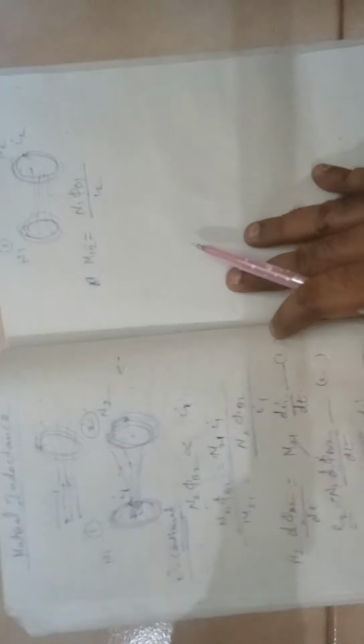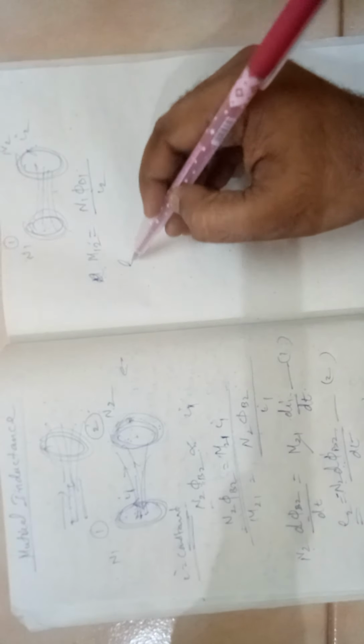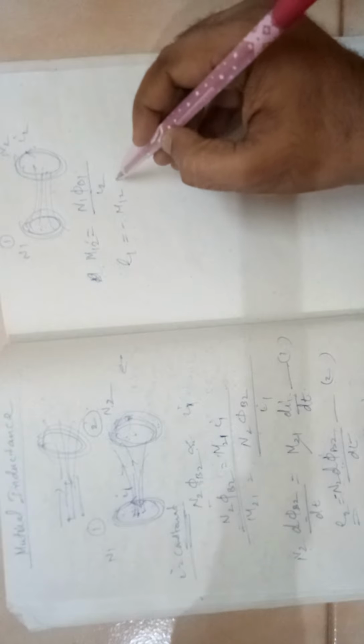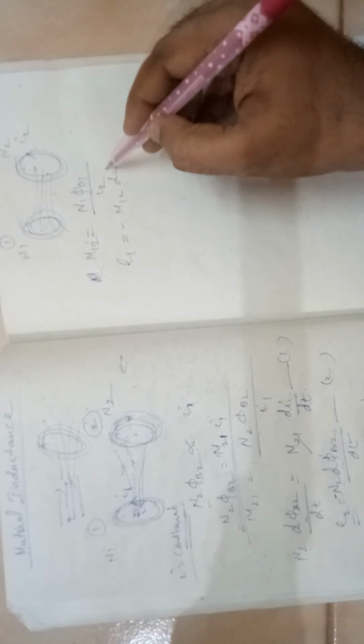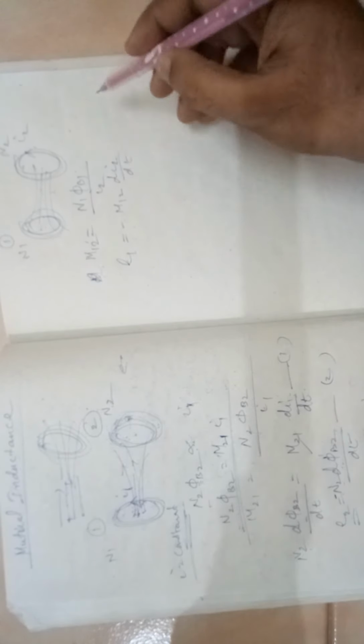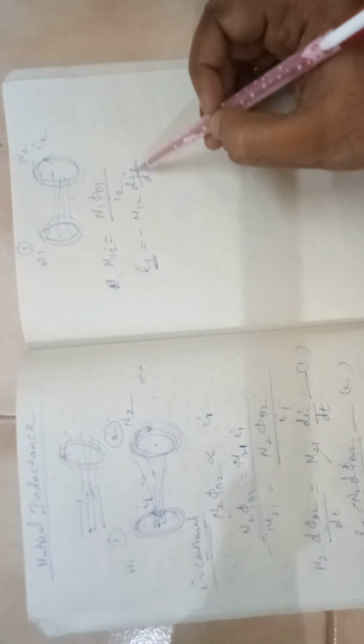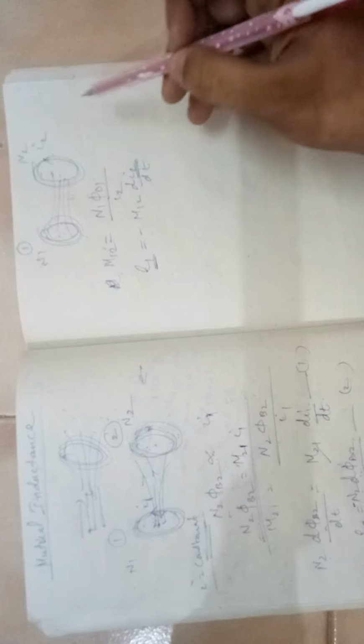So as we have done in the previous case, here also we can write E1 is equal to minus M12 into dI2 divided by dt. That means there is an induced EMF in 1 because there is a change in current in coil 2.